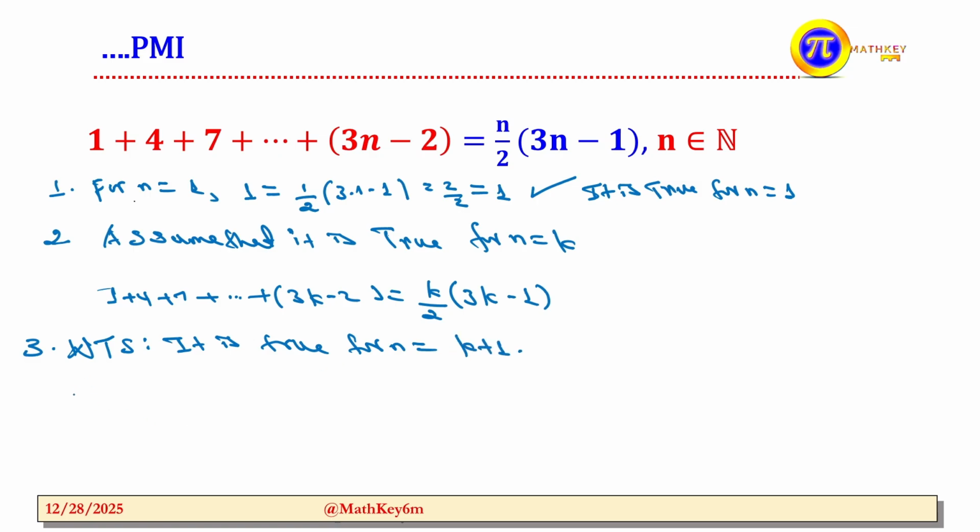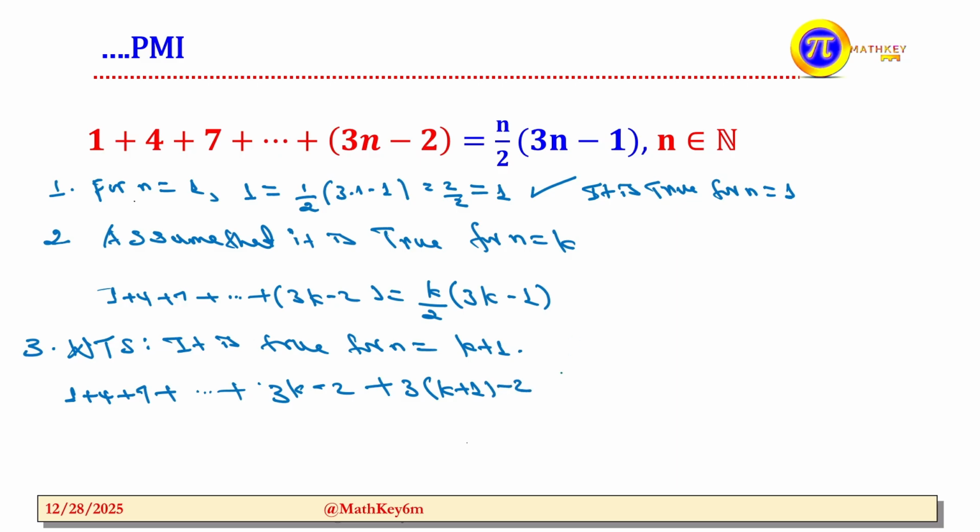This means 1 plus 4 plus 7 plus ... plus 3k minus 2 plus, when you take n equal to k plus 1, 3 times k plus 1 minus 2.